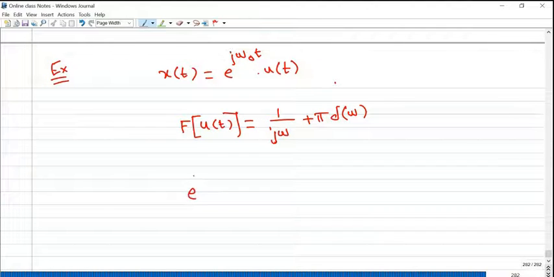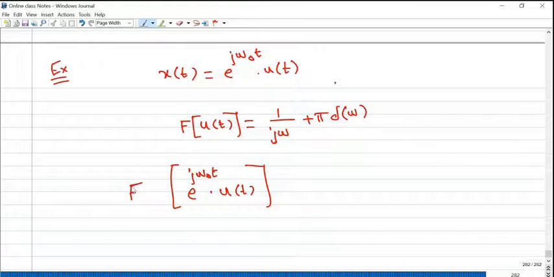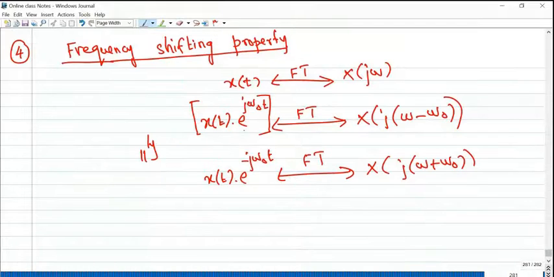Now the Fourier transform of e power j omega naught t into u of t. According to the frequency shifting property, when x of t is multiplied with e power j omega naught t, then in the resultant x of j omega, wherever omega is there, it is replaced by omega minus omega naught. For e power minus j omega naught t multiplied with x of t, wherever the omega term is there, it should be replaced by omega plus omega naught.